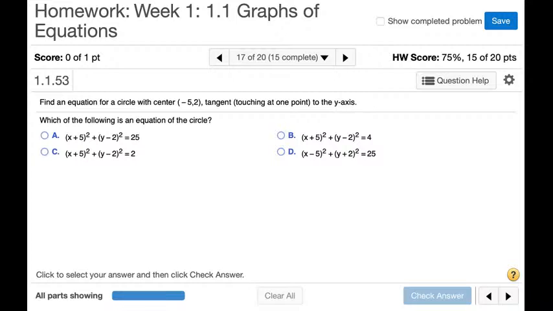Left 5 and up 2 means the radius is 5, so it's 25. So it has to be either A or D. X plus 5, I think it's this one. X plus 5, y minus 2, and the radius is 5. Okay.